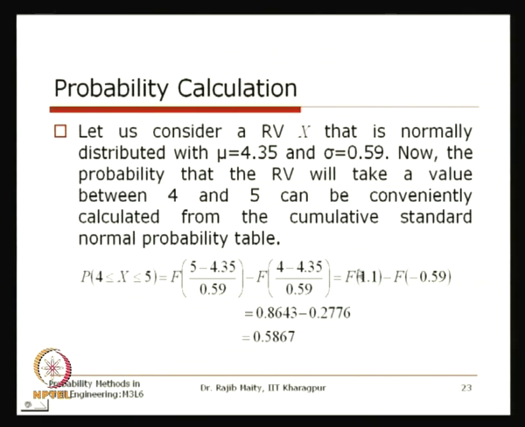Now, as these are reduced variates, they have mean equal to 0 and variance equal to 1. So we can read from the standard normal distribution table for 1.1.